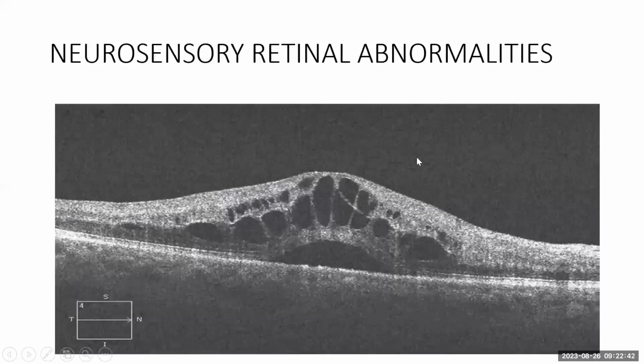Okay. Now, I've talked about the vitreoretinal interface disorders. Now we're going to talk about the neurosensory retinal abnormalities. Like I said, everything you see is a feature, and it still boils down to having differentials. Key word is differentials. What brings the diagnosis is your history and your examination.